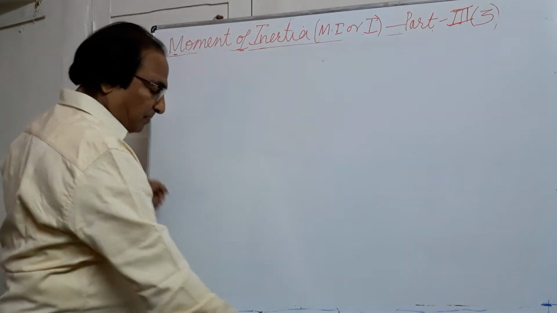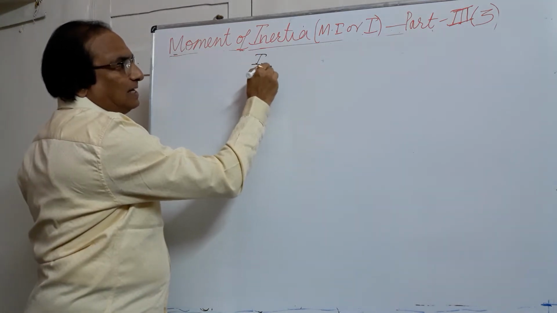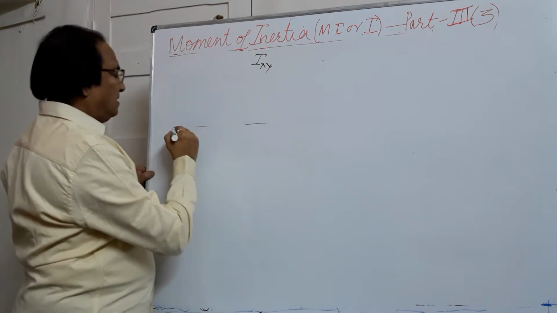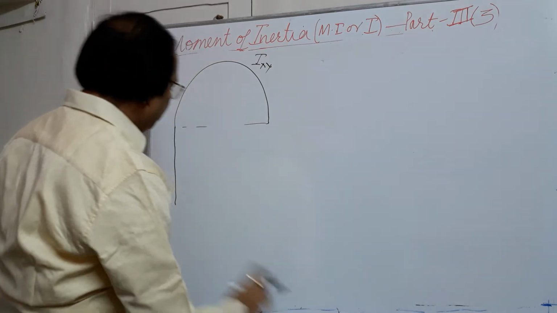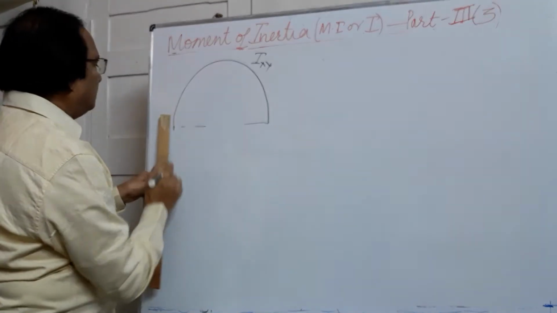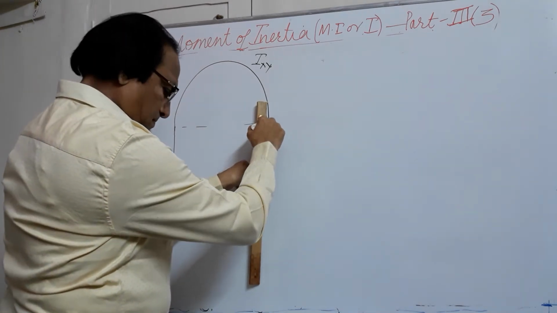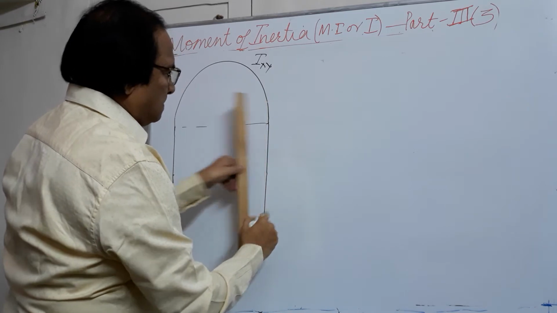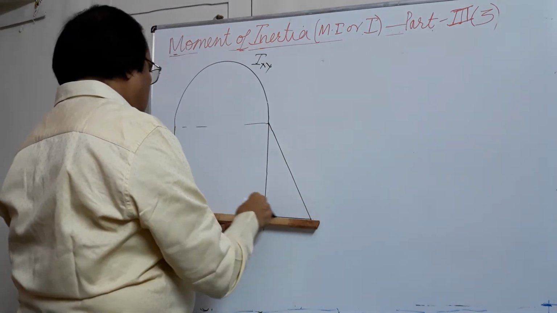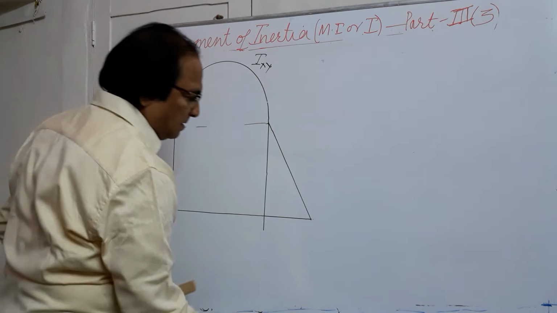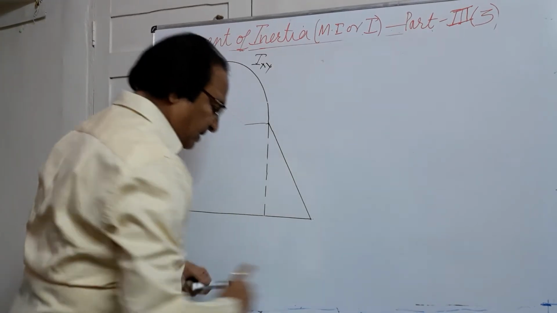Let us take a simple problem. Let us find out the moment of inertia about the horizontal axis, which will be Ixx. Suppose I take up a figure like this.